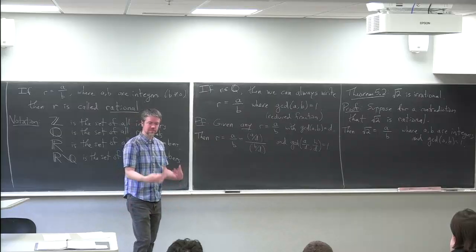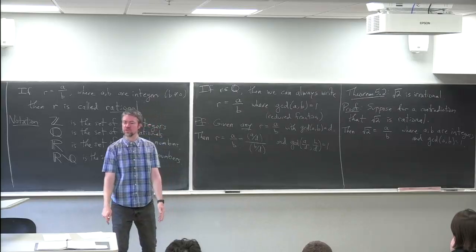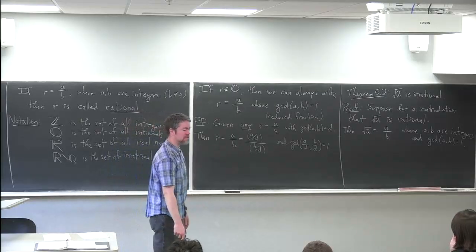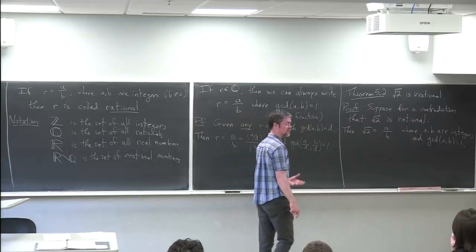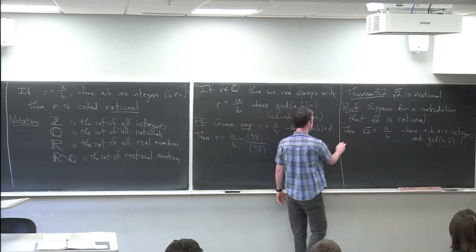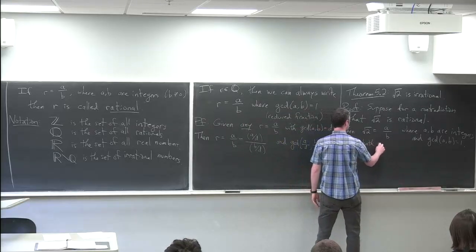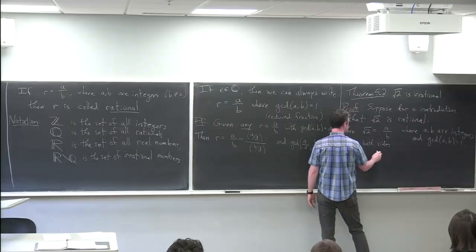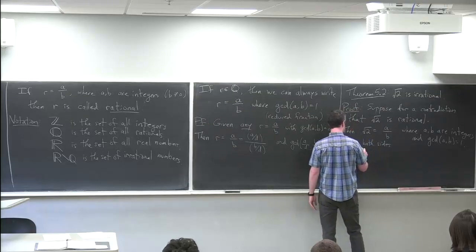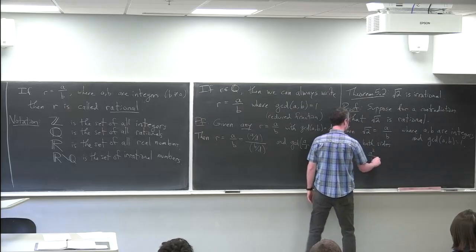Okay. And so what we're going to do with this is the only thing we can do, which is use the fact that you're working with the number square root of 2, which has a specific property that makes it special, which is that its square is 2. So you can square both sides of the equation. If you square both sides, you get that the number 2 is a squared over b squared.